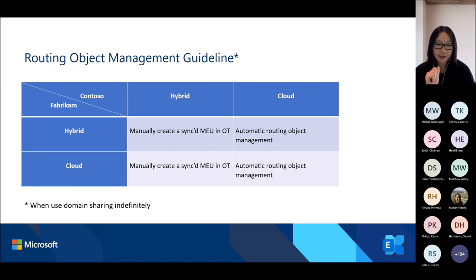It not only creates the routing object for you, but also checks the address uniqueness before a shared domain email address is assigned. On the other hand, if Contoso is in a hybrid environment, you have to manually create them in the Fabraham tenant and ensure the address uniqueness yourself for the mail flow. Just a side note, this guideline is for the scenario where you want to use domain sharing indefinitely.